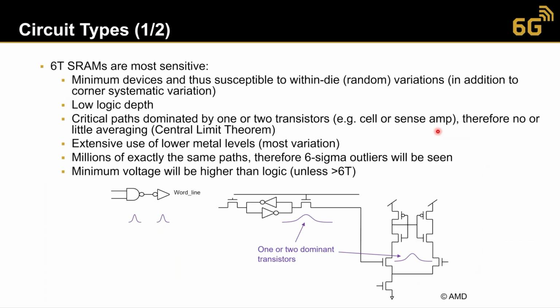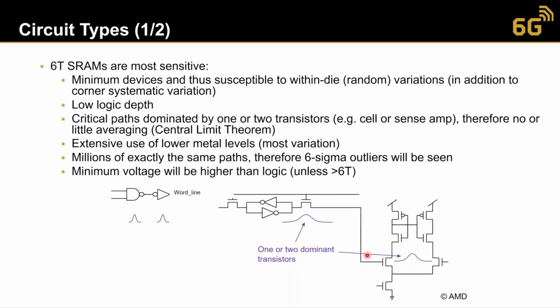It also depends on different circuit types, and SRAM cells are the most susceptible to variance. That, of course, depends on the short paths that you see in SRAM. You only have a few transistors in the path here, and then some of them can become dominant.